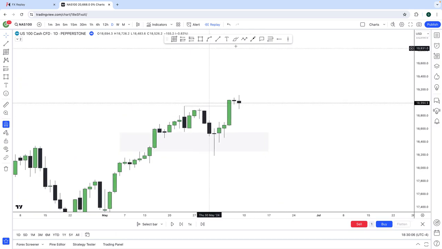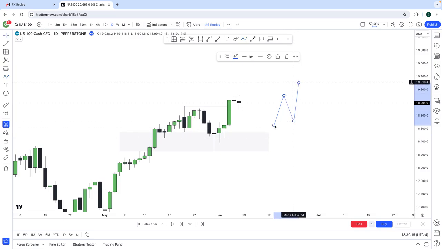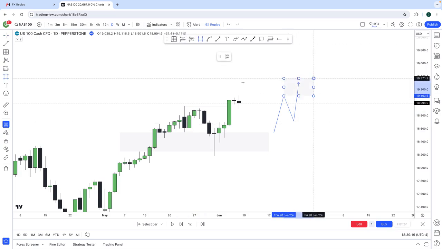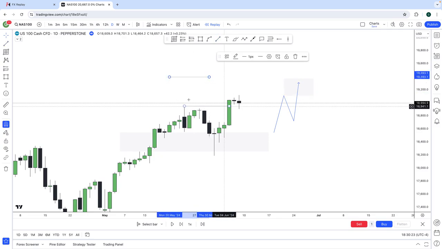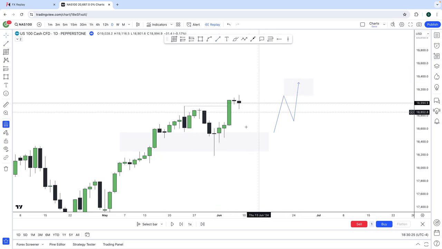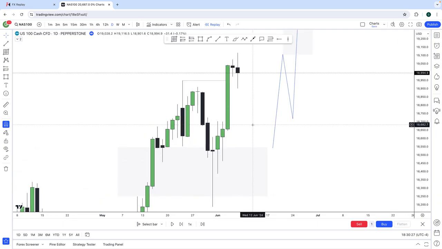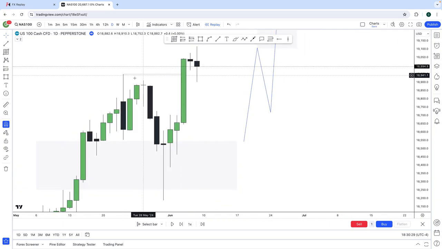So anytime you take out the high in a market maker model like this, I just wouldn't trade, in my opinion, unless there is some draw on liquidity, like right here or something. But there's really nothing. For example, since you have this draw on liquidity here on lower time frames, we're taking out highs and stuff.